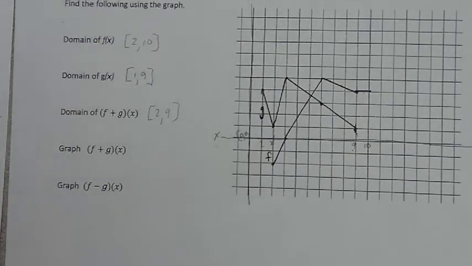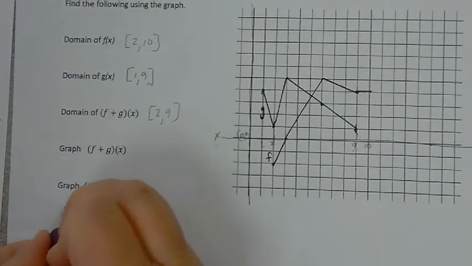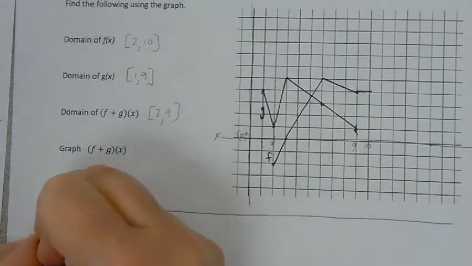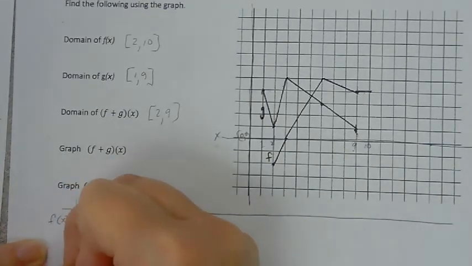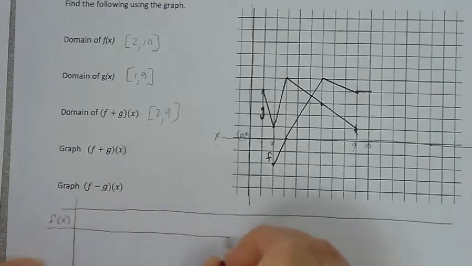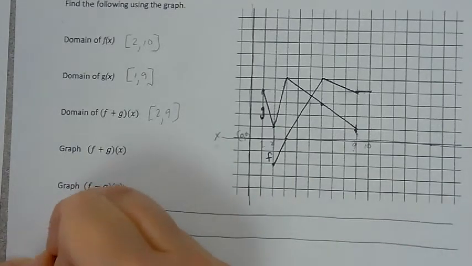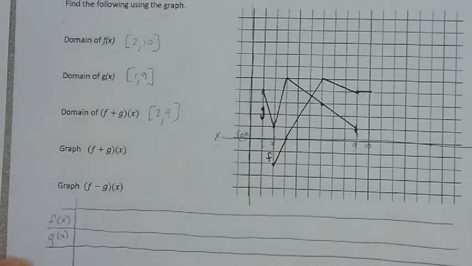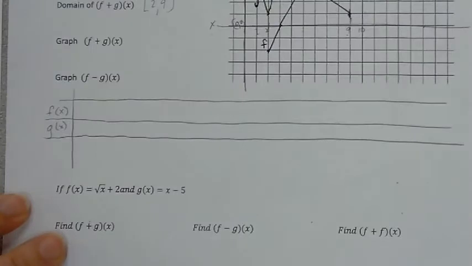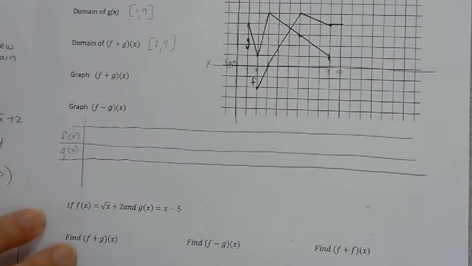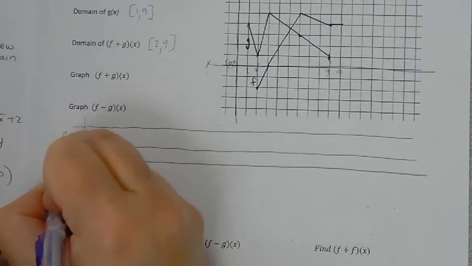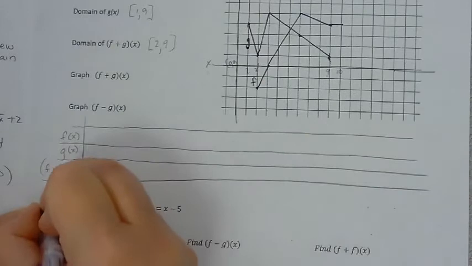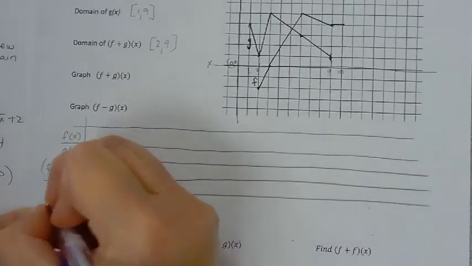All right, let's talk about how we would graph this. I'm going to graph it by using a chart. Once you actually figure this out, you're not going to want to use a chart anymore. You're just going to look at the graph and see what's happening. So I'm going to do f of x, g of x, and then I'm going to find f plus g of x and f minus g of x.